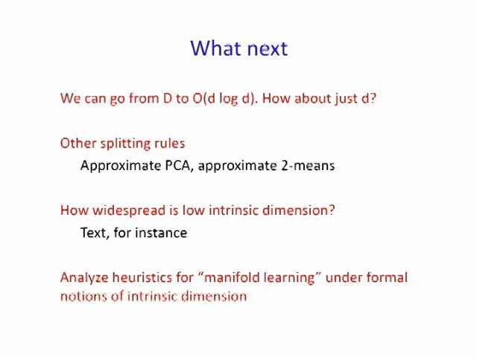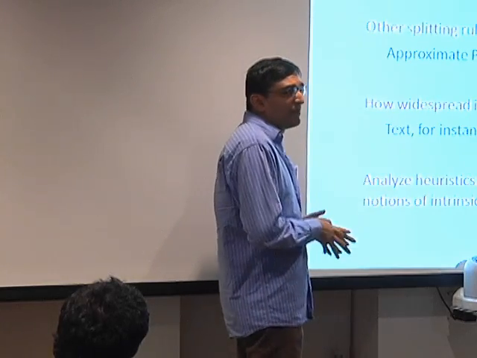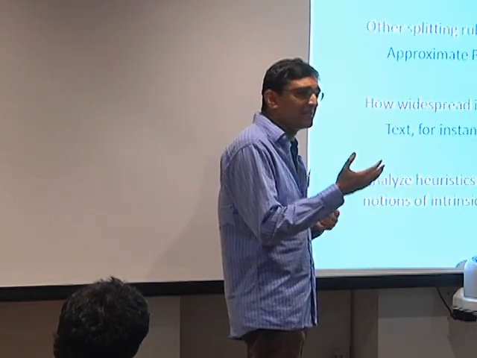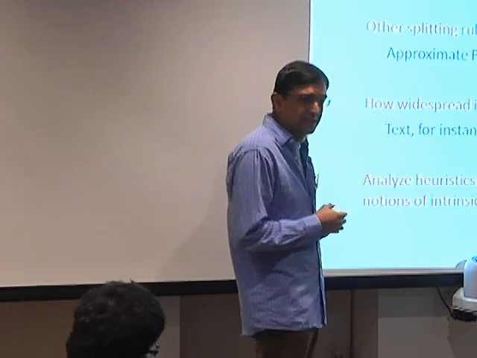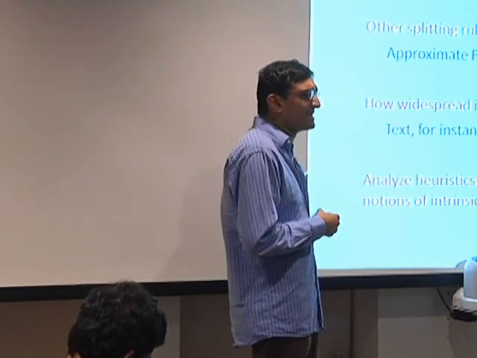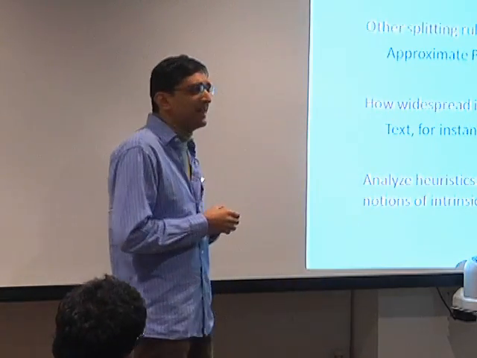Random projections: what about other splitting rules that are not quite as quick and dirty, like using the covariance matrix to decide the direction of a split? Now that there are some nice formalizations of low intrinsic dimension, it would be really nice to get a sense experimentally of how widespread it is.